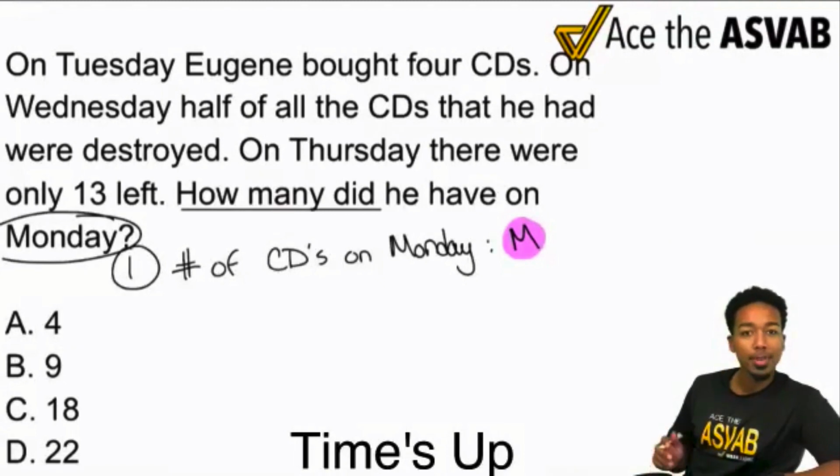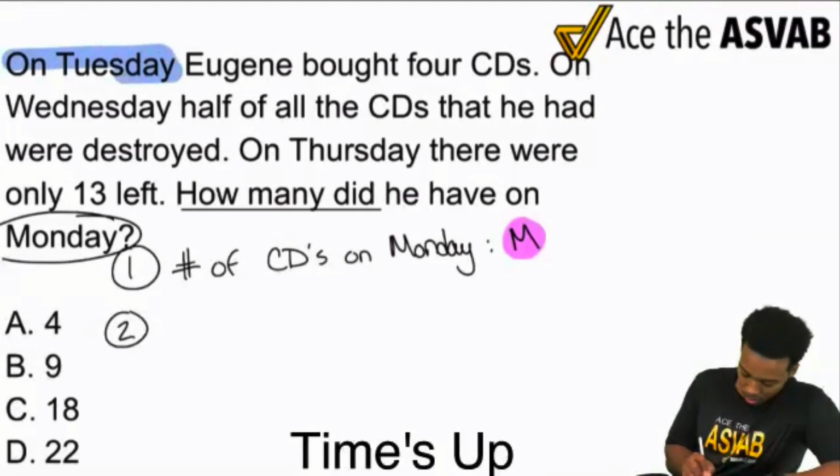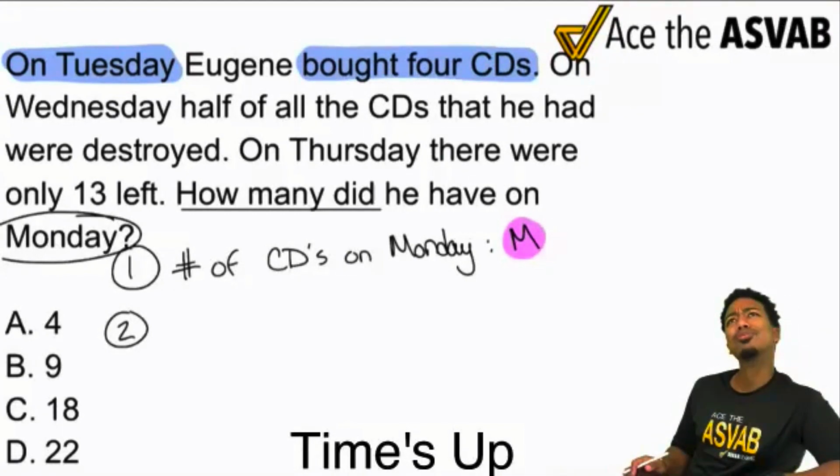In the beginning of the story, on Tuesday, we bought 4 CDs. So everybody, let me ask you this: if we bought 4 CDs on Tuesday, how many CDs do we have now?